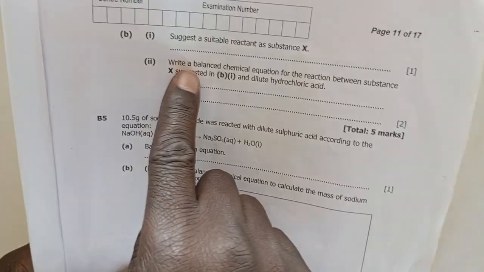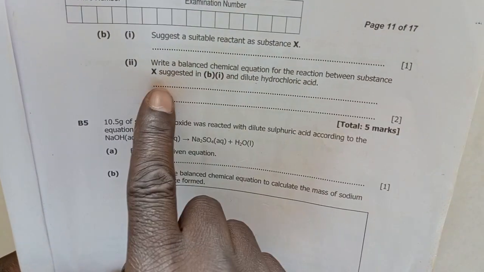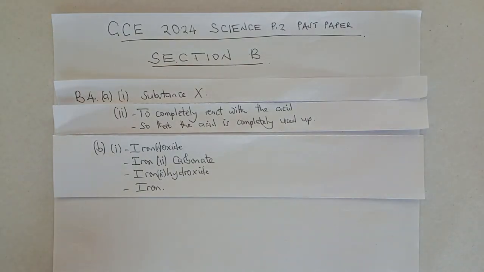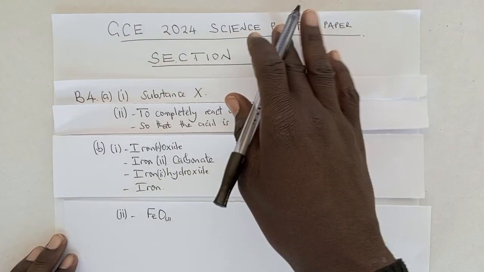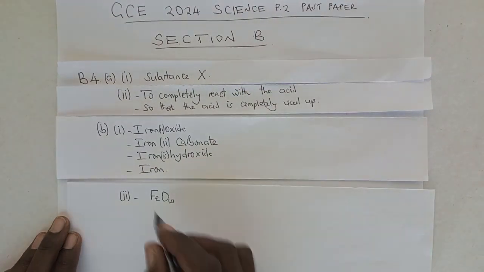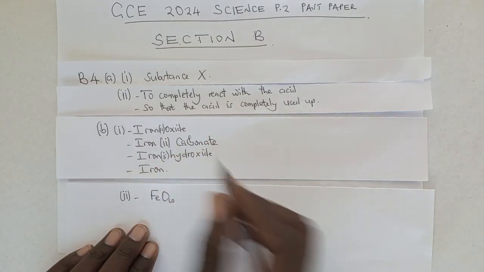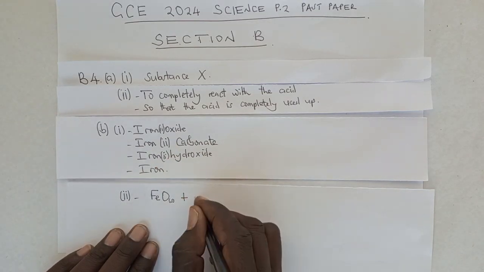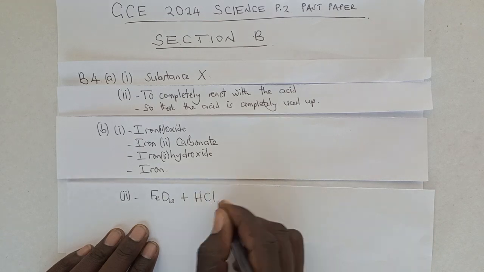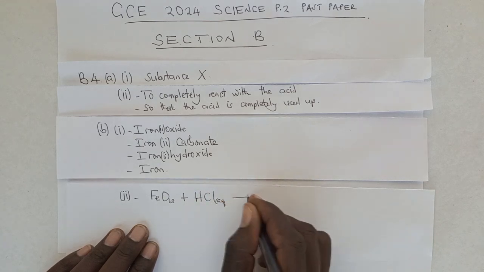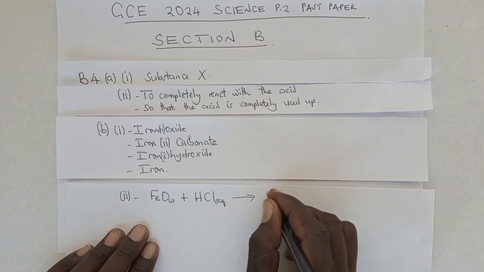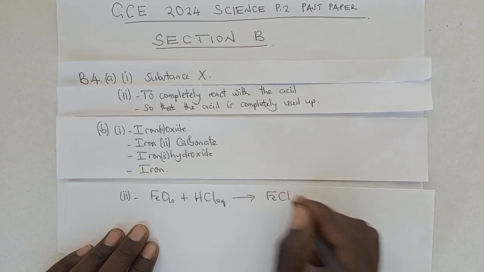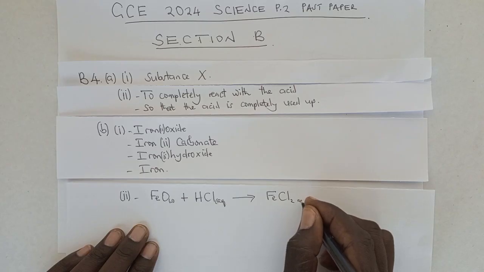The question continues in B2. Write a balanced chemical equation for the reaction between the substance X and the dilute hydrochloric acid. So, of all these that we have mentioned here, we need to come up with a balanced chemical equation. So we used the iron oxide, plus dilute hydrochloric acid in aqueous state to give us iron 2 chloride, which is aqueous.